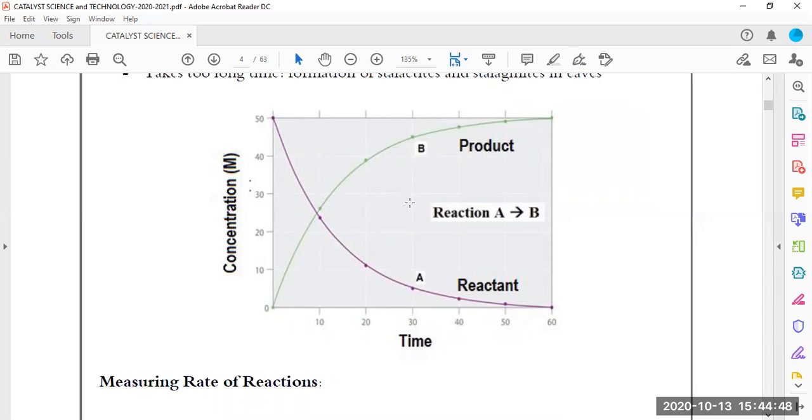So this is a reaction, A changes to B. If you look carefully, notice that the curves are opposite each other. With the product, the concentration goes up with time. With reactant, it goes down with time because reactants are used up. With product, it goes up because it's forming with time.